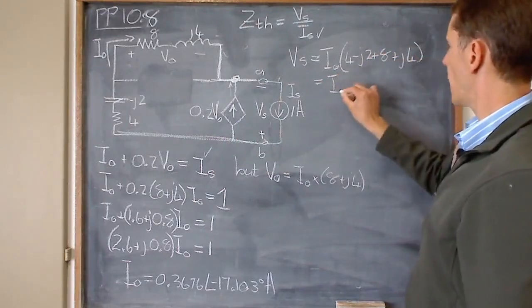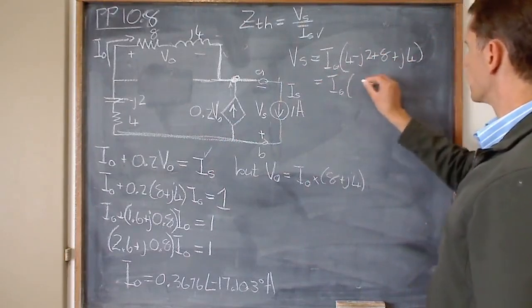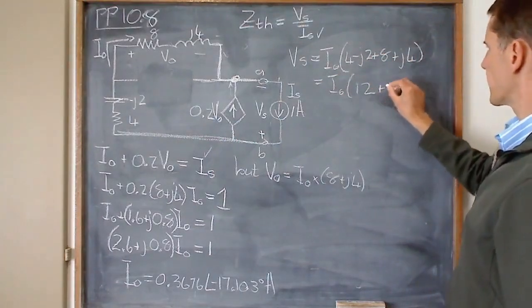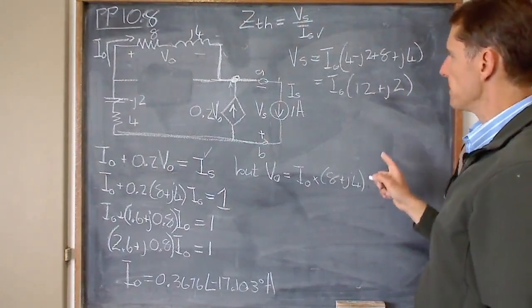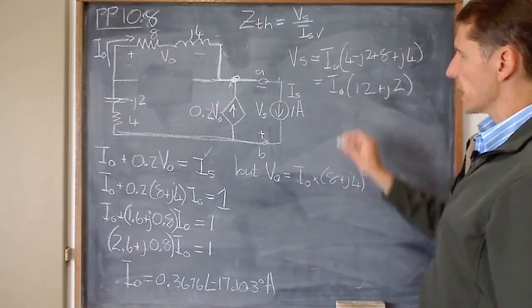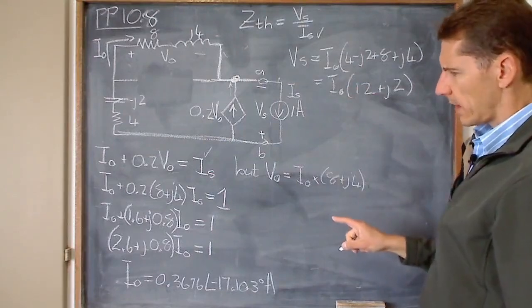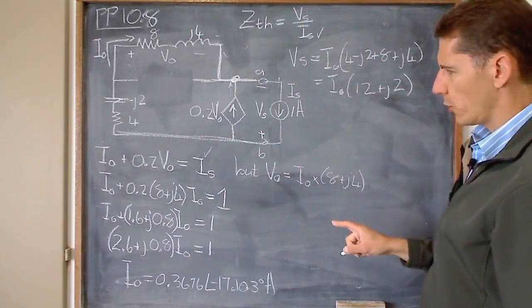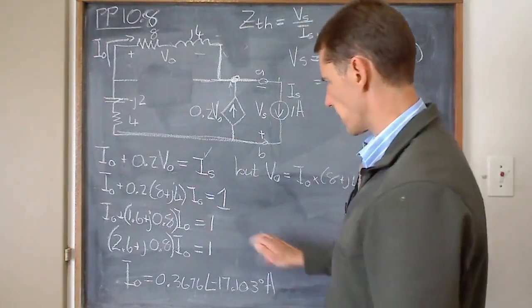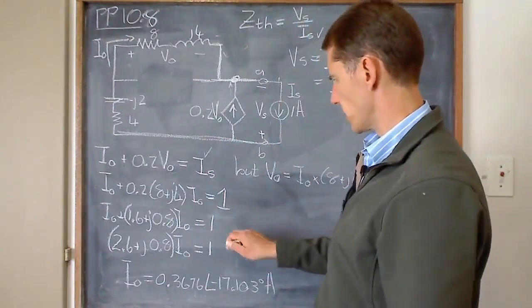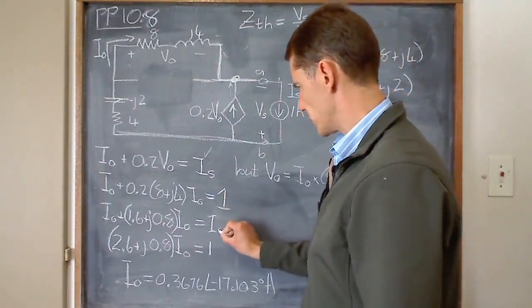So this is I out times (12 plus j2). So then I've got my VS. Now you can see I actually don't need to know where my IS is over here. My IS is over here. I'm going to keep this IS.